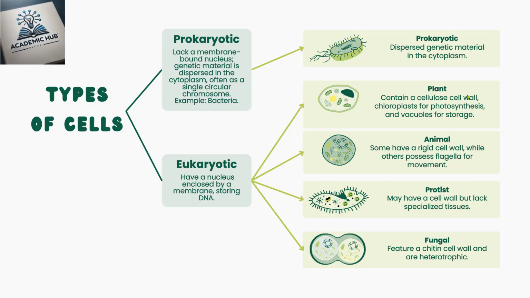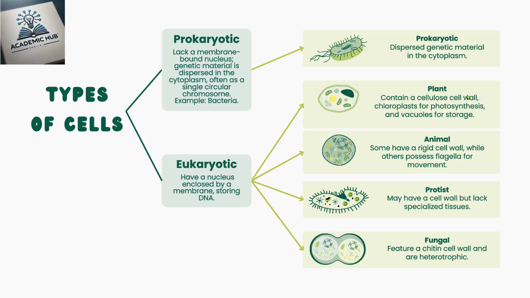Instead of storing their genetic material inside a distinct nucleus, prokaryotic cells have their DNA dispersed in the cytoplasm, usually in the form of a single circular chromosome. These cells are typically small, ranging from 0.1 to 5 micrometers, and they lack most membrane-bound organelles found in complex cells.